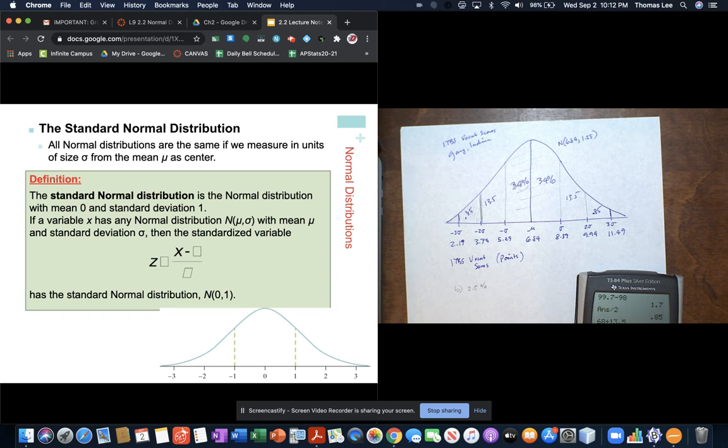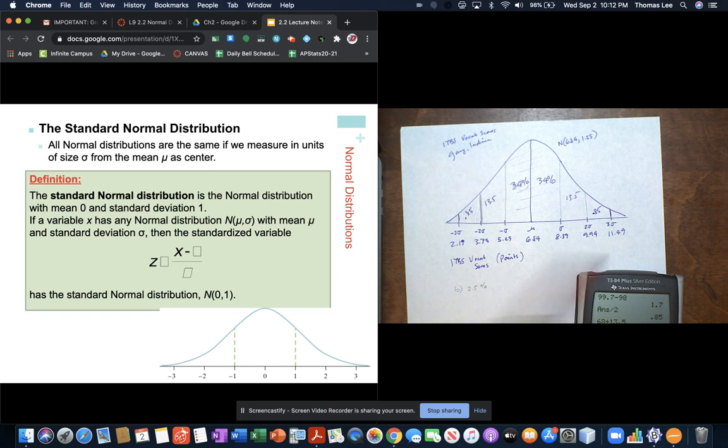And how you get the standard normal distribution is, if you look at this graph of Iowa Test of Basic Skills vocab scores, these are actual scores. The unit of measurement is points, right? So this is 6.84 points, 8.39 points, 9.94 points on that vocab exam.